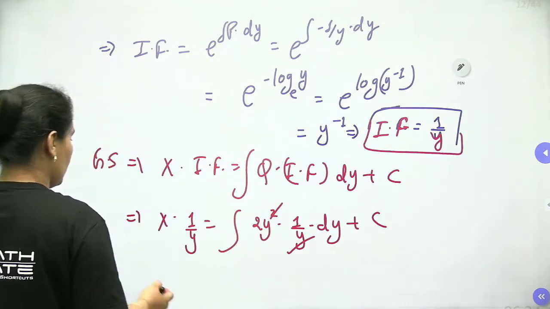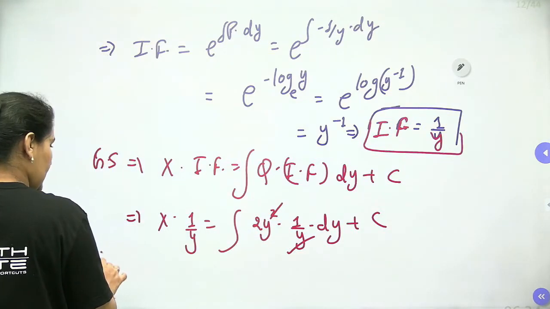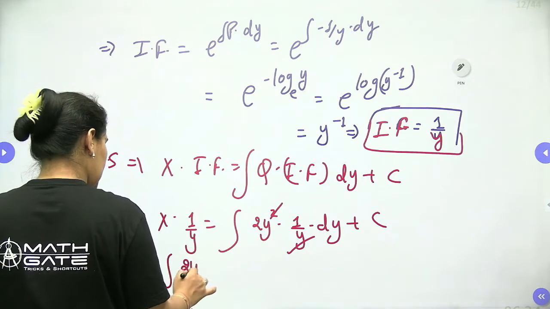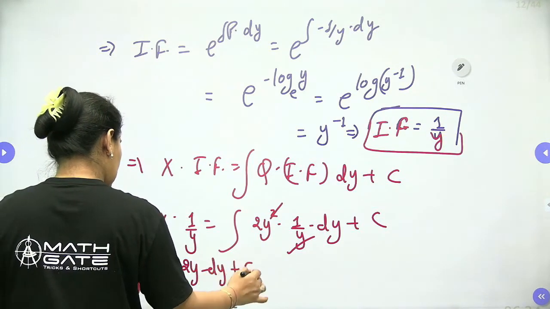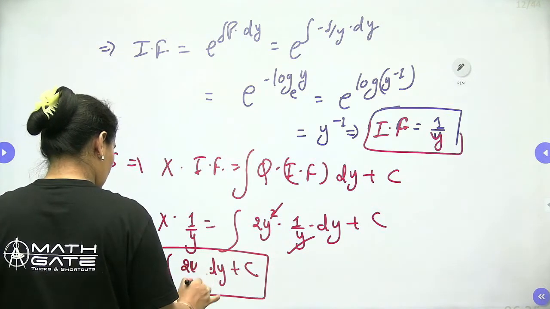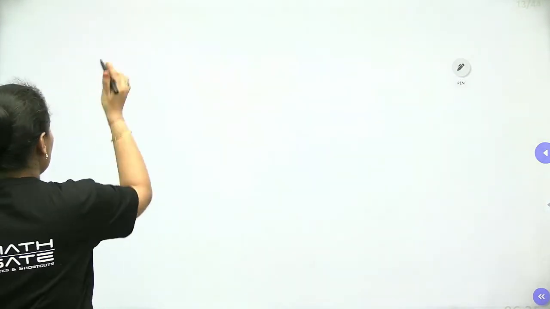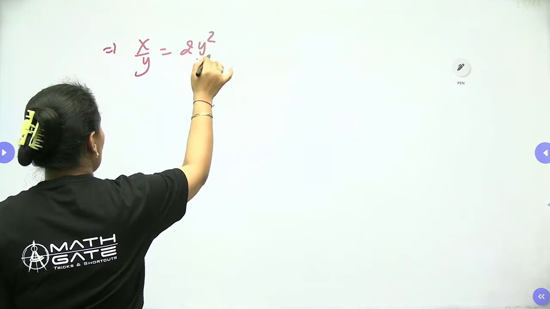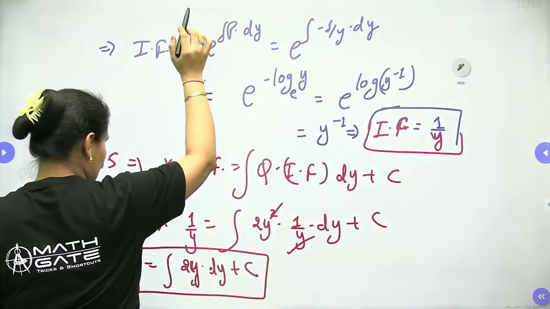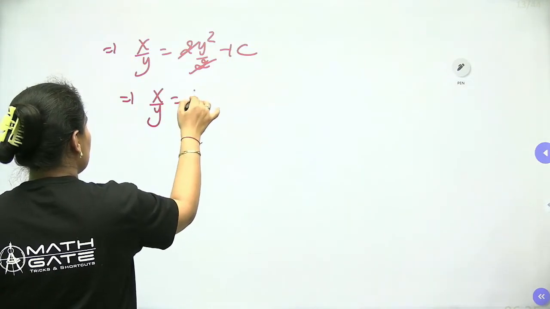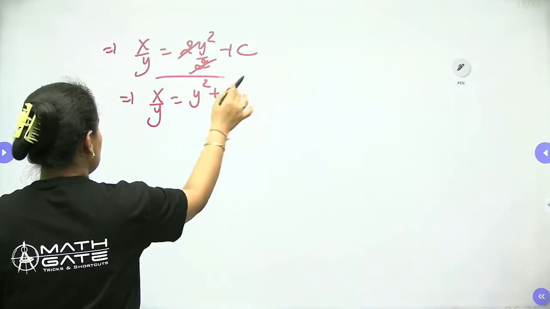It will be x by y equals the integral of 2y dy plus c. When we integrate, it becomes x by y equals 2y square by 2 plus c. 2 and 2 cancel out. Ultimately you get x by y is equal to y square plus c.